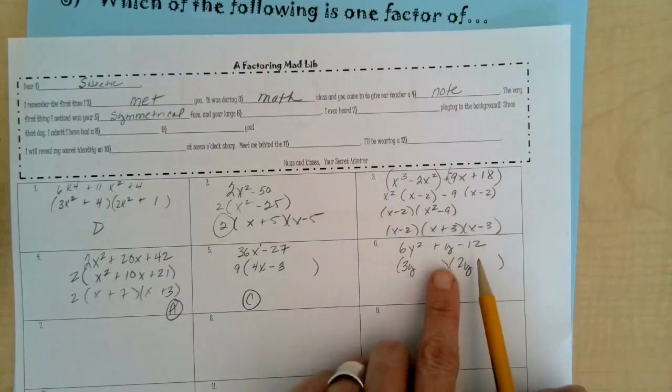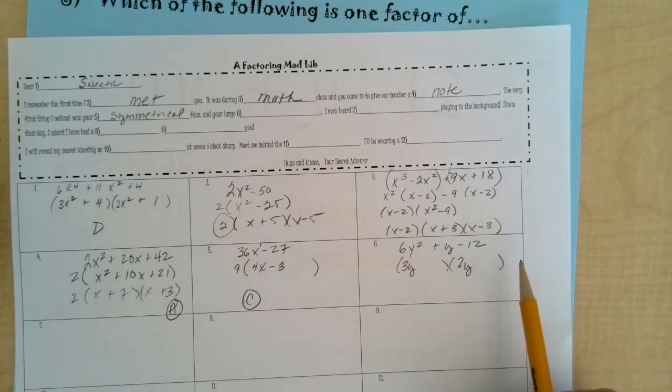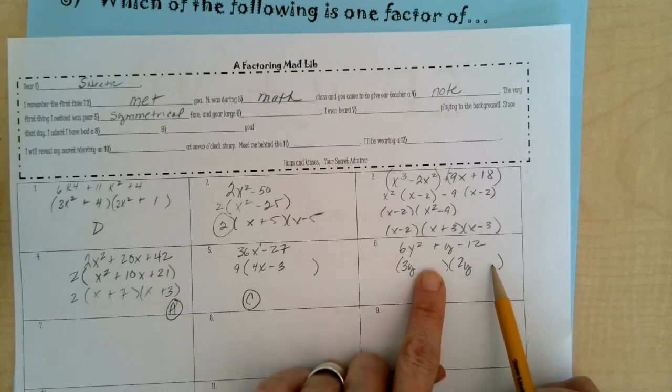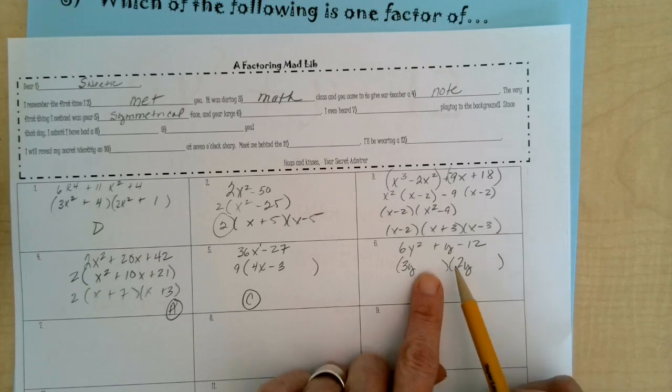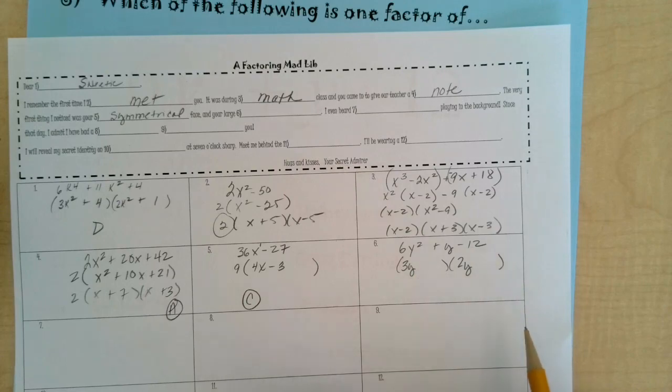This is negative, so one of these is positive and one is negative. I'm going to try to make sure that 12 splits evenly. If I do 4 and 3, that's not going to work. If I do 6 and 1, or 6 and 2, that's not going to work.